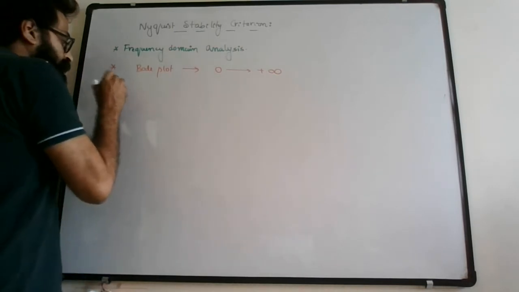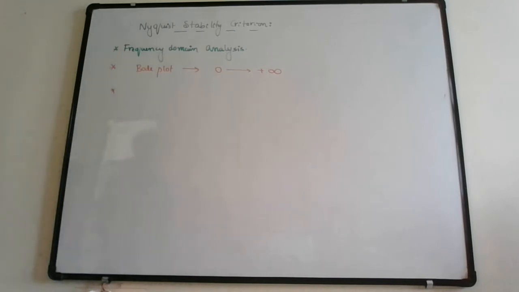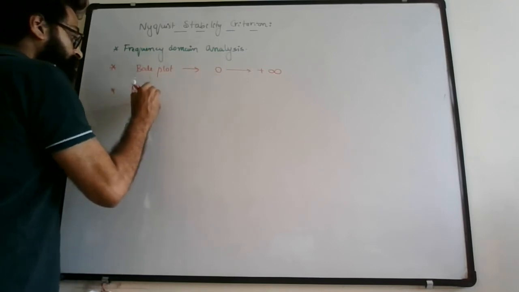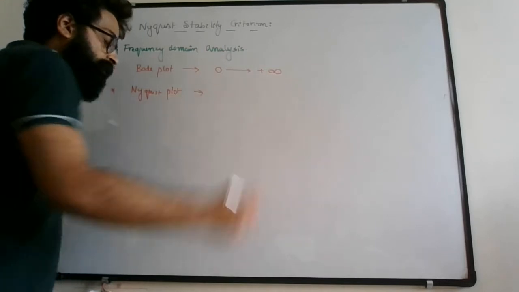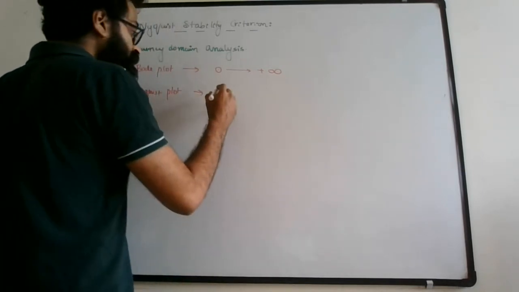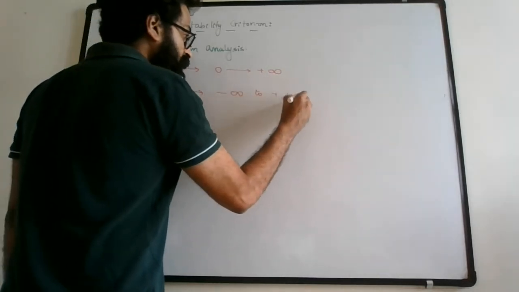On the other hand, in case of Nyquist plot, you can go for almost infinite frequency points. That means to say the frequency can be varied from minus infinity to plus infinity.